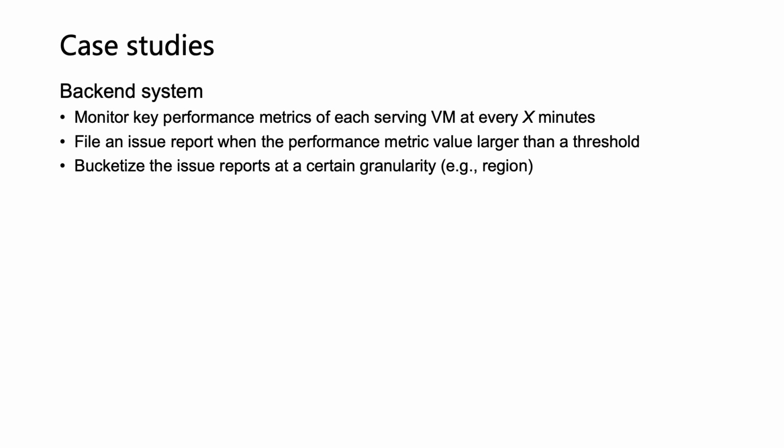The issue reports are typically bucketized at a certain granularity, such as region and storage. Automated anomaly detectors are implemented based on the volume of issue reports in each bucket. And when incidents are detected by the anomaly detectors, the support engineers would manually investigate other combinations so as to identify these incidents. However, the above approach has some pain points.